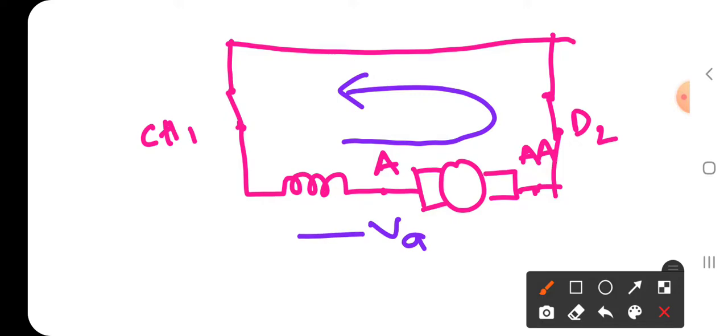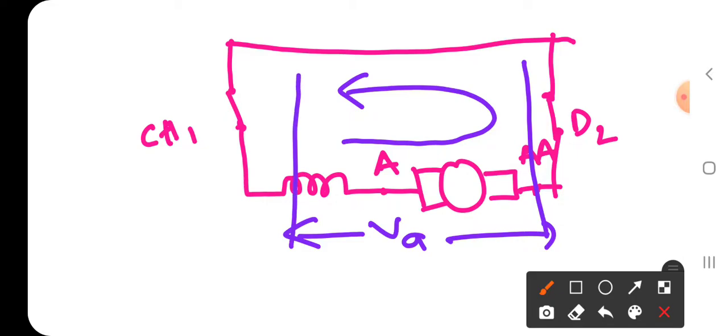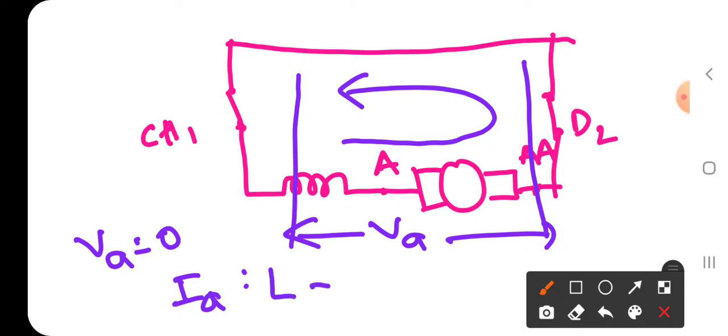VA is connected across a short circuit, therefore VA is equal to 0. The current IA flows from the inductance to the motor to D2 to CH1 and to the inductance again. This is how the current will flow.